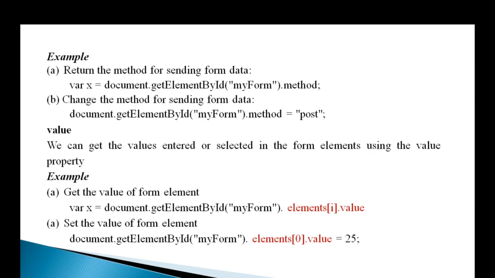Similarly, to set the value of a form element, we use elements[index].value equals a value. Here it is setting the value of element 0 to 25. If I want to set element 1, then we use elements[1].value equals some value like 50, or 2, 3, and so on. elements[2].value equals any value.